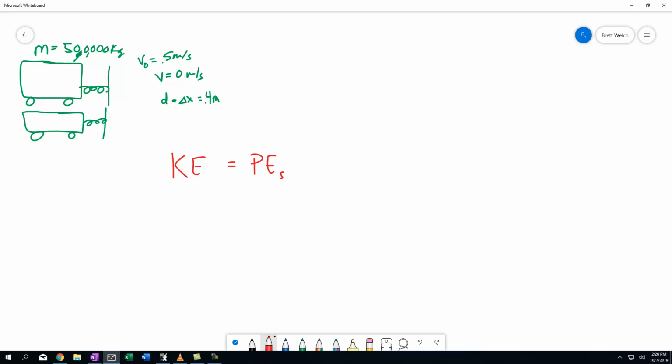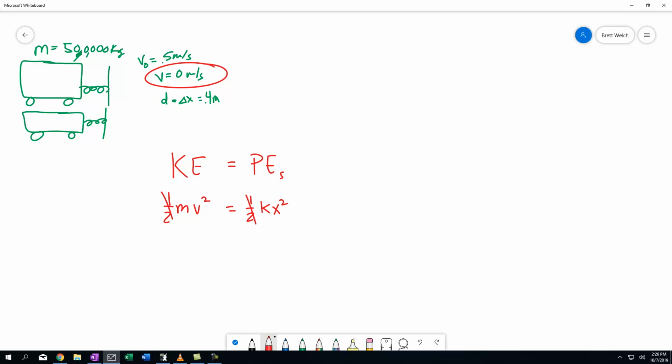And again, we need that spring to lock up as we squeeze down on it. So we'd have 1/2 mv squared, the kinetic energy. We want to convert all of that kinetic energy, because it comes to a point of no kinetic energy, into potential energy in the spring, which is 1/2 kx squared.